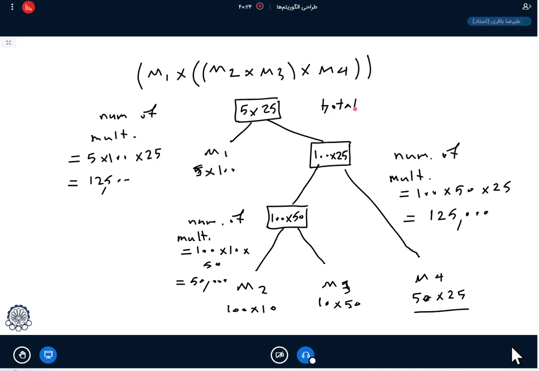So total number of multiplications will be, we have 50,000 here, we have 125,000 here, and 12,500 here.